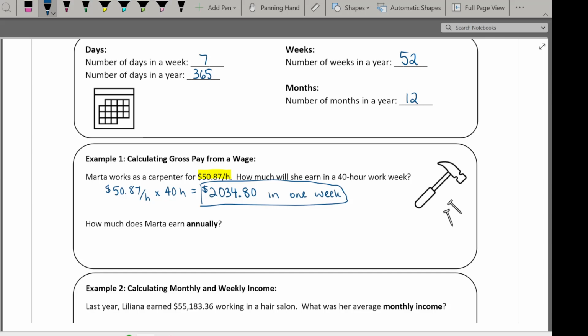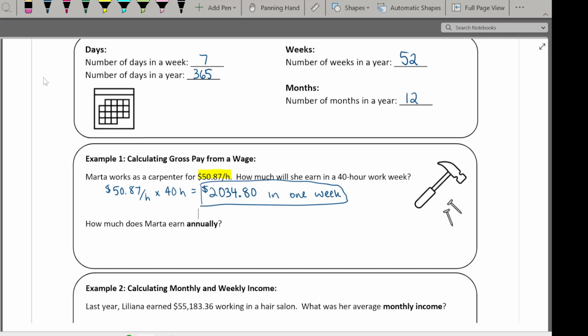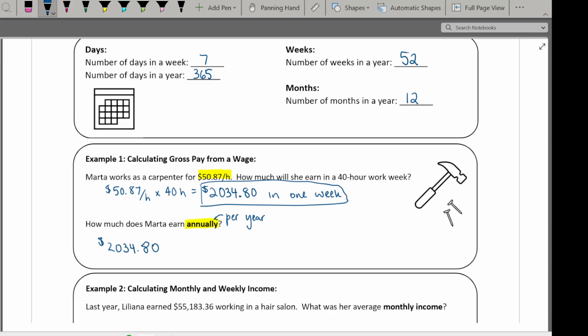How much does Marta earn annually? So for this, if we know how much she earns in 1 week, then we can calculate how much she earns in 1 year by multiplying it by 52, since there's 52 weeks in a year. If you've never heard of this word annually, it means per year. So you would take your $2,034.80, and that's per week, and multiply that by 52 weeks.